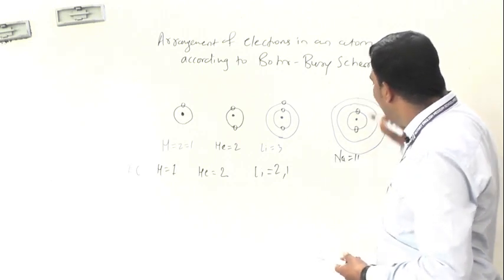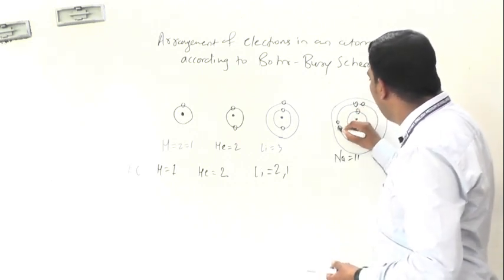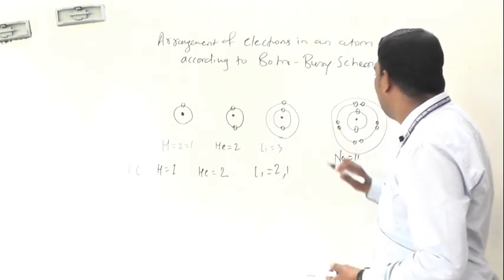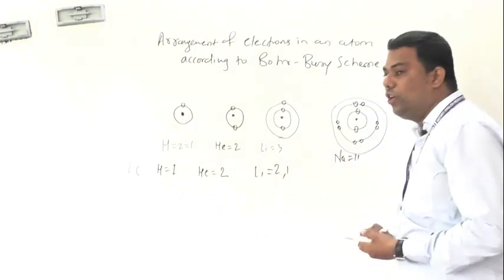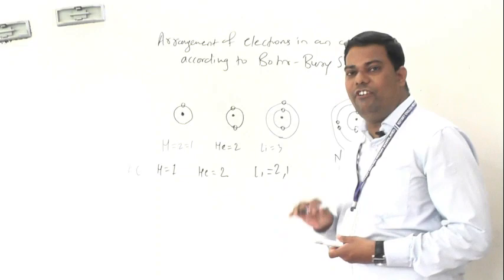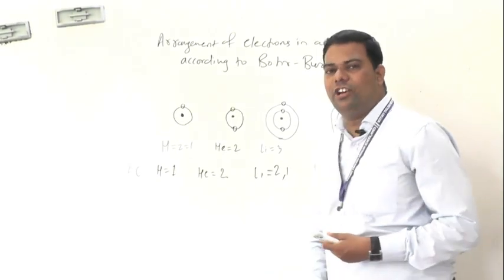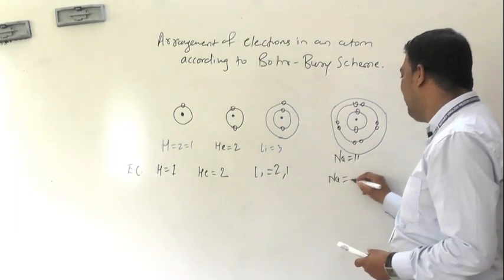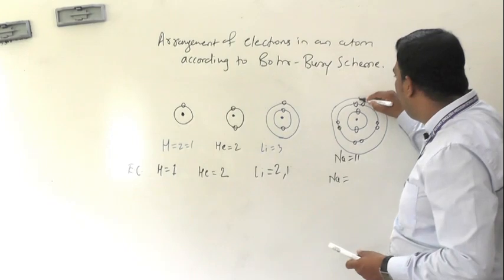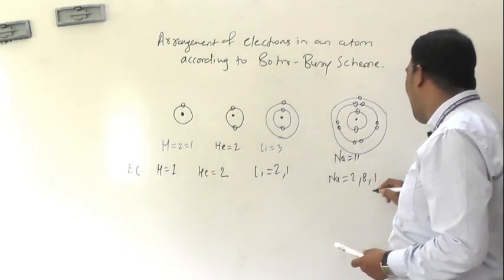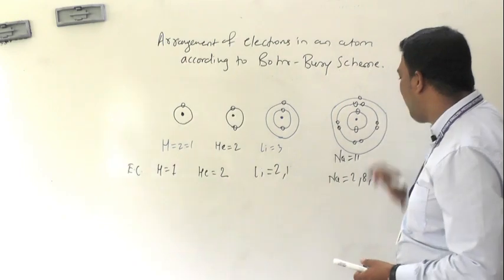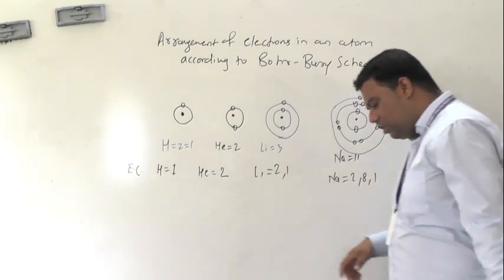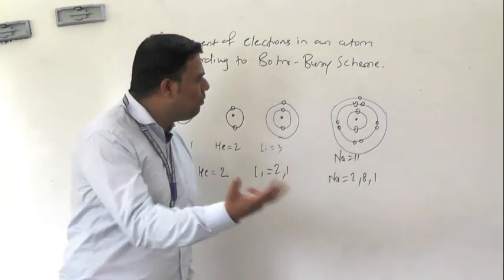First 2, then 8, counting 1, 2, 3, 4, 5, 6, 7, 8, and then 1. We fill electrons in the orbital where the probability of finding the electron is maximum. So the sodium electronic configuration is 2, 8, 1. Now, after that we will discuss one more.